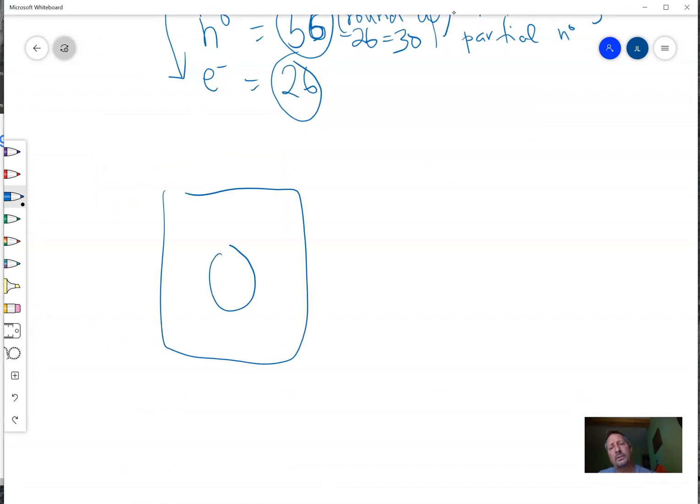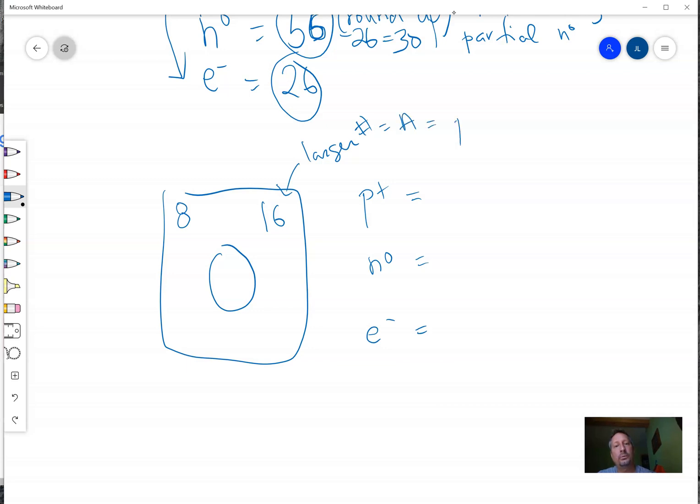If I gave you this data, and there's no universal agreement on where these numbers go, 8 and 16, you should be starting to figure it out. Give you a little bit more time. In fact, hit pause, work it out. Now, we're back. Well, the larger number equals A, which equals the protons plus the neutrons, which equals the mass number.